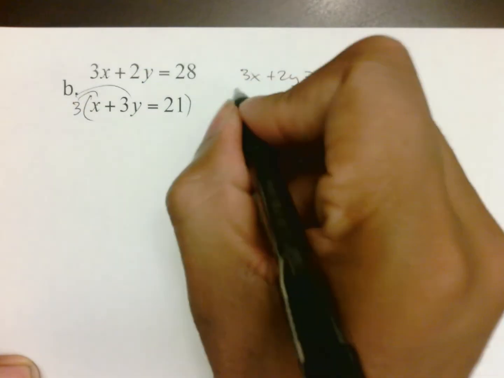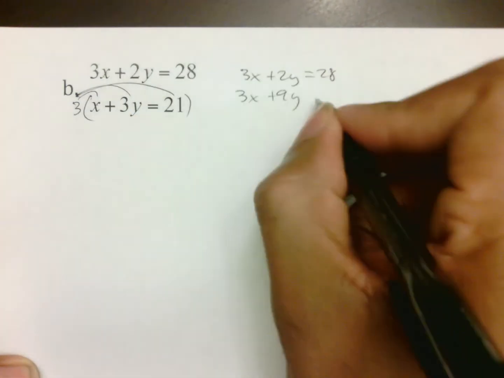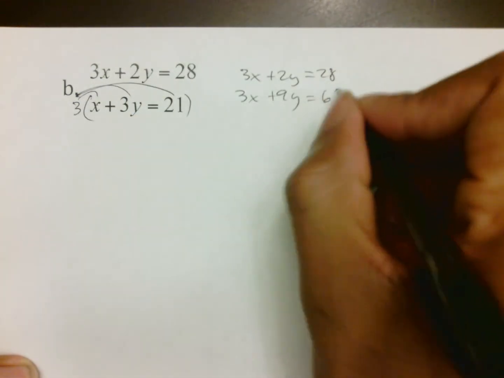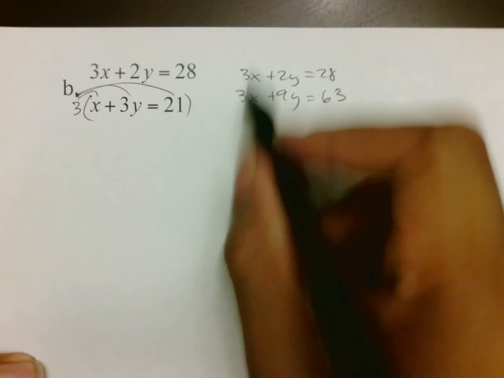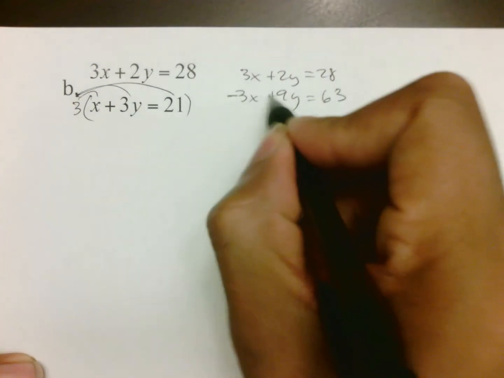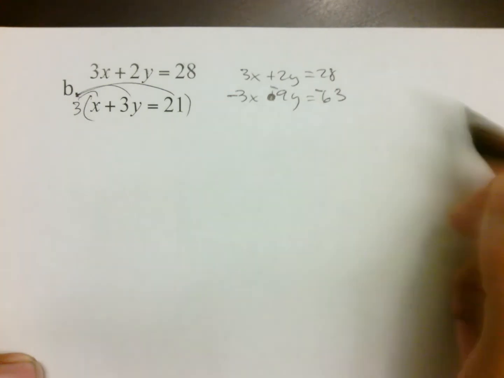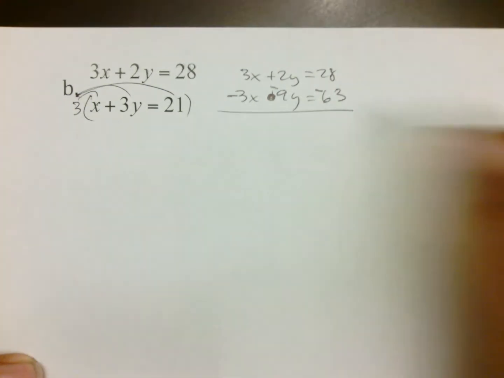3x plus 2y equals 28. Here, as I distribute, I get 3x plus 9y equals 63. My x's are the same, but I need them to be opposite, so what I do is switch every sign in the problem, again making sure those negatives are visible because otherwise it's going to mess everything up.